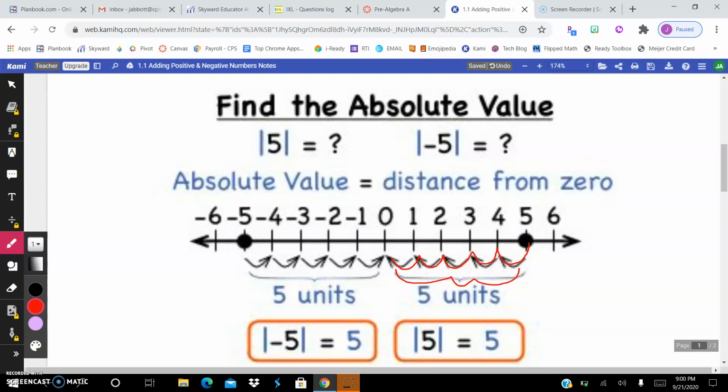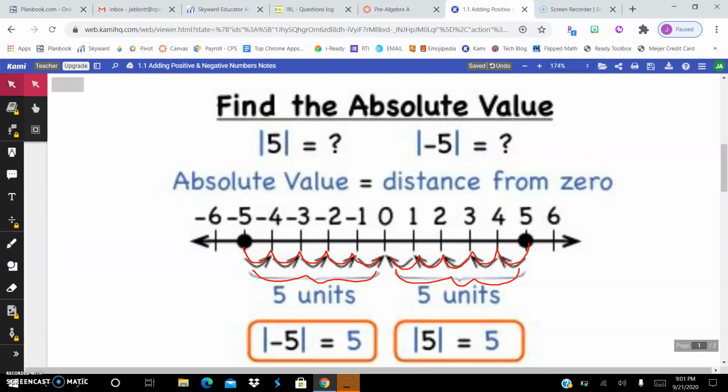And then if you start at -5, you are also 5 total units from 0. So the absolute value of -5 is also 5. So whenever you're asked to find the absolute value, you say to yourself, how far from 0 is that on a number line?